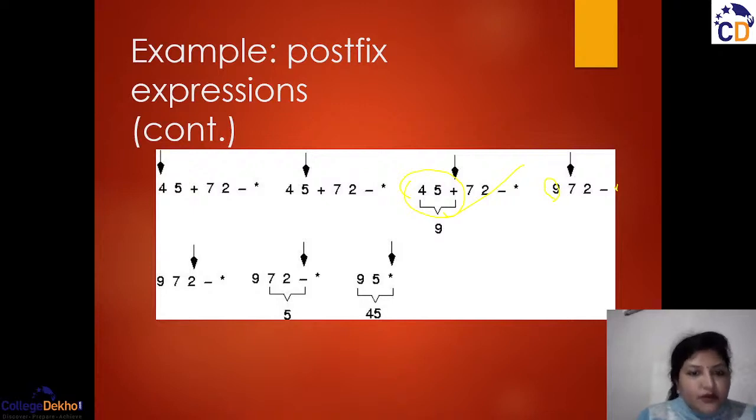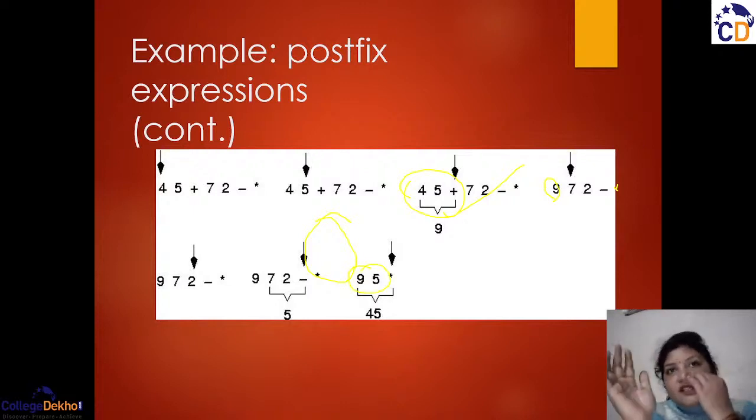So here we are just evaluating 7 minus 2, and the rest is the same. The rest means 9 and 5 would remain the same. Now which operator is left? Multiplication. 9 fives are 45.